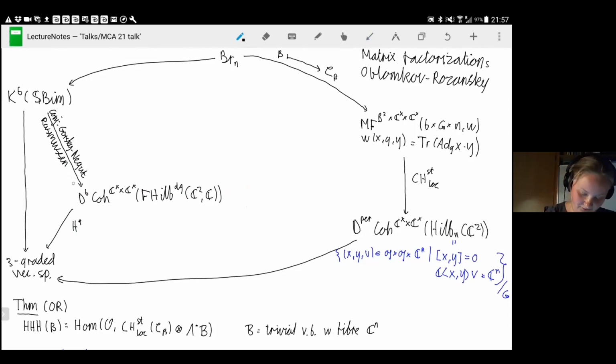Also part of the conjecture is that there is an adjoint functor in the opposite direction, which is monoidal. So this is the state of things.